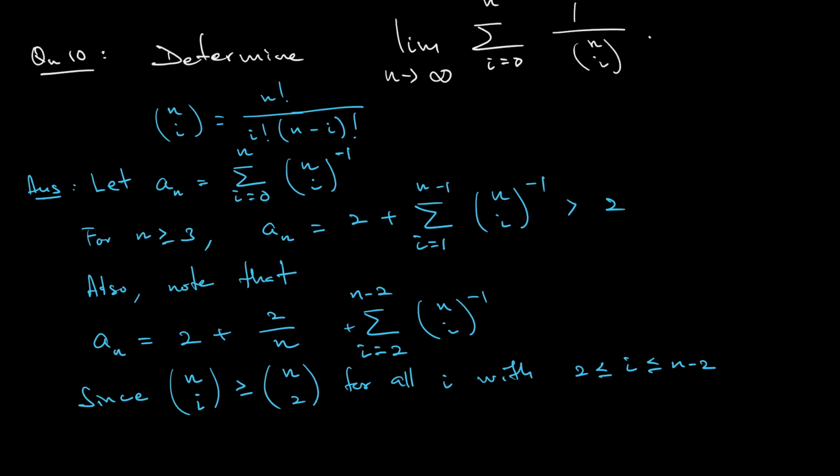It should be in this form. The closer i is to n over 2, the higher the value is. And you notice that we are considering from, let's say, 2 all the way until n minus 2, so whatever is in between, the combination will be higher. So it's greater than or equal to.